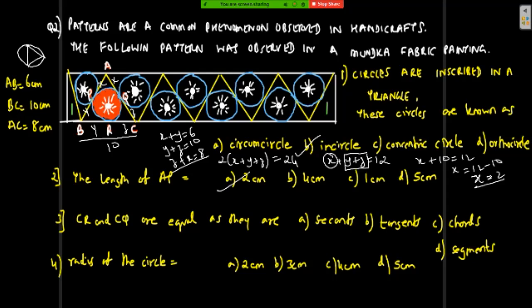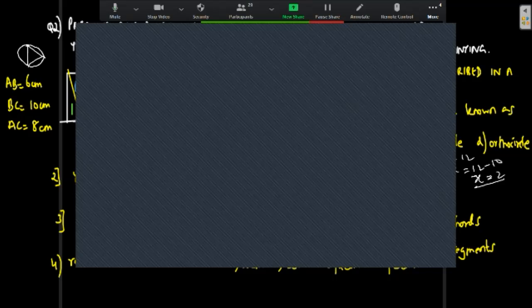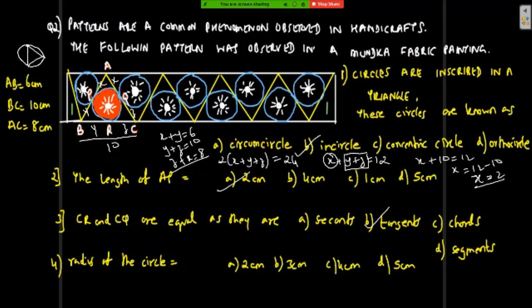So we can say these are tangents. And what is the radius of the circle? Another very important part. What is the radius of the circle? So this is our triangle. You're able to see the screen, I suppose.